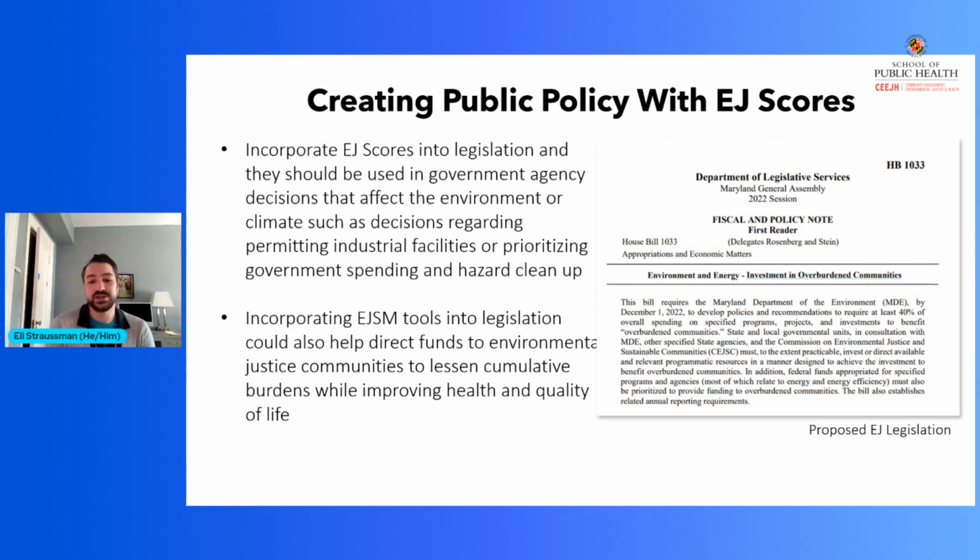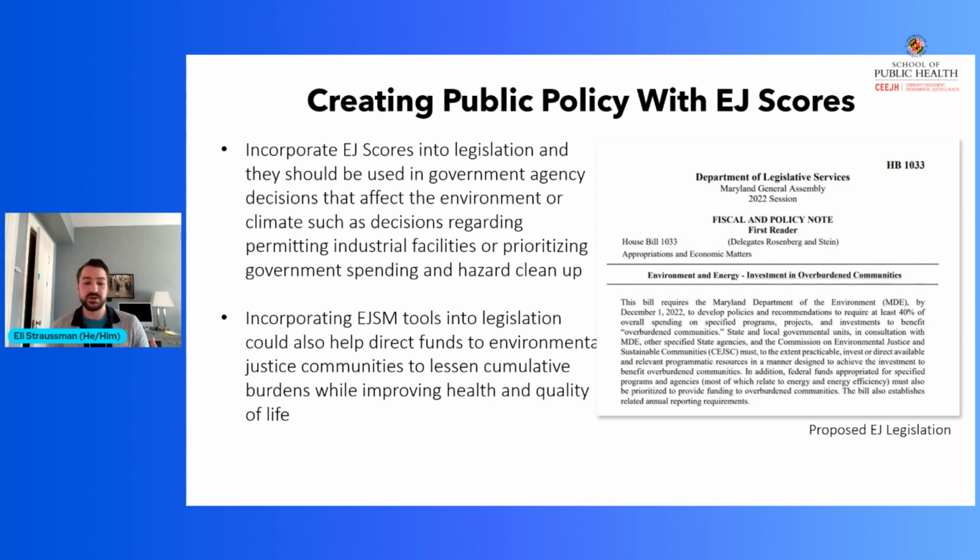This proposed legislation is designed to prioritize spending on these communities that have a larger EJ burden. They create a meaningful number, essentially, for government agencies to assess whether or not areas are overburdened and then respond accordingly.